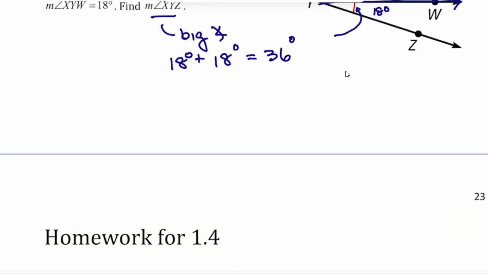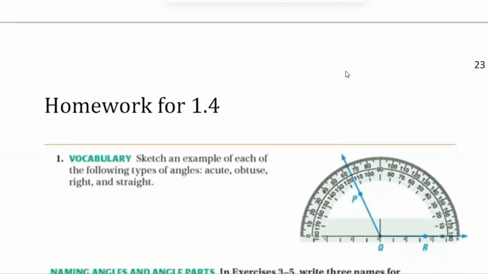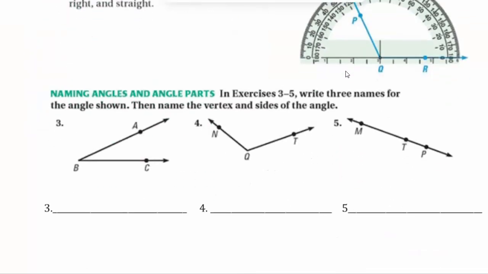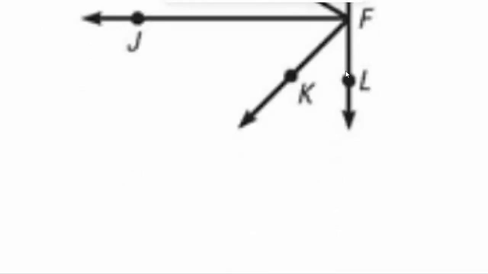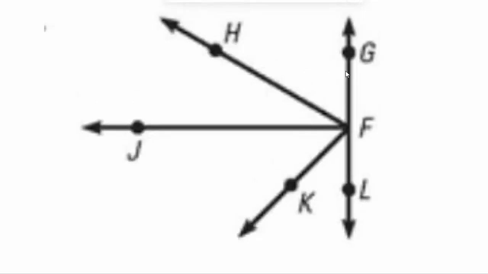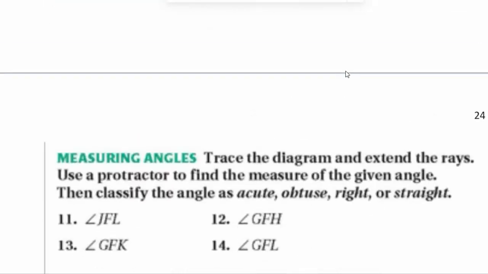So now what you're going to do next is you're going to do this homework. So your job is to finish this homework, and you're going to do the homework up to here. So I'm going to say stop here, and I want you to complete it and post it before the start of next class.